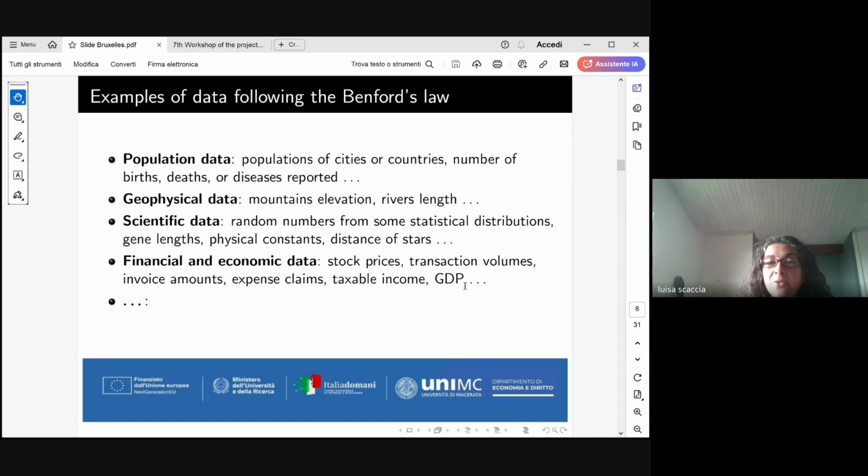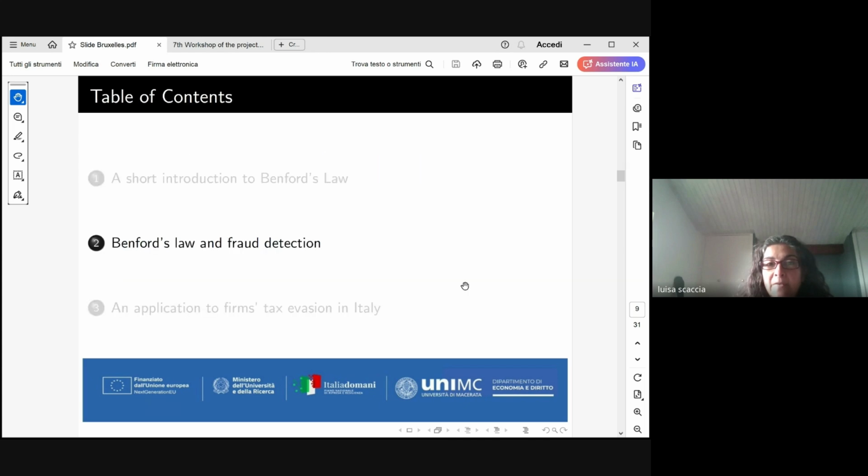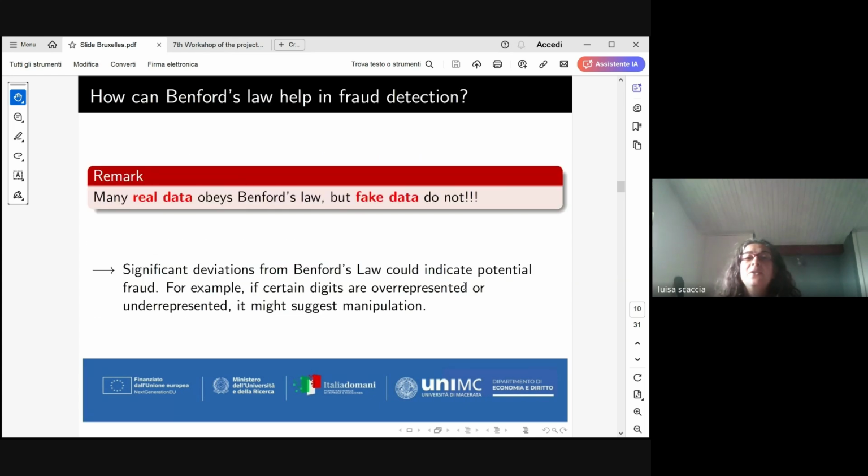So it applies to plenty of different data sets. So how can we use this law to help in detecting fraud in general, or tax evasion in the particular case of our work? Many real data obey Benford law, but actually fake data do not obey this law.